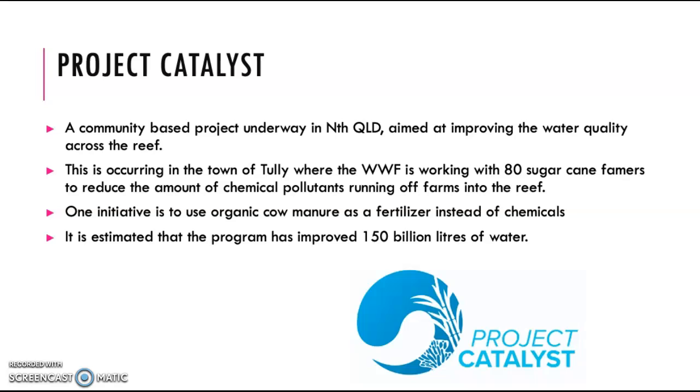So they are working with farmers to try and change the type of fertilizer that's used on the sugarcane. One initiative includes using organic cow manure as fertilizer instead of chemically based fertilizers. It's estimated that by doing this, 150 billion litres of water has improved in quality. That means that there's less nitrogen and less carbon being filtered downstream to impact the reef and the coral.